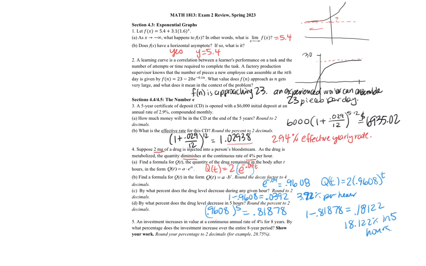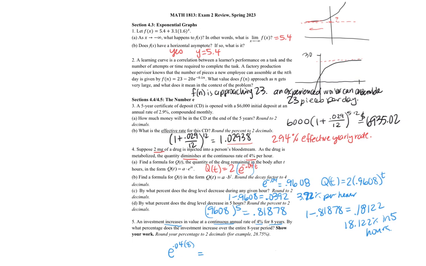So I want to say it increases at a continuous annual rate of 4% for 8 years. So we're going to say e to the 0.04 times 8.